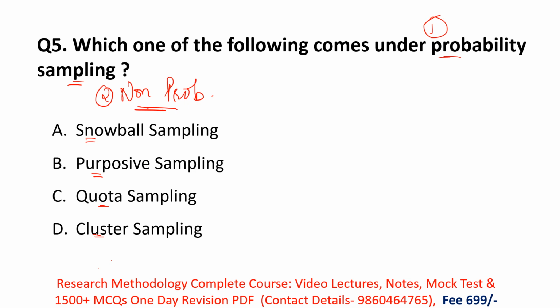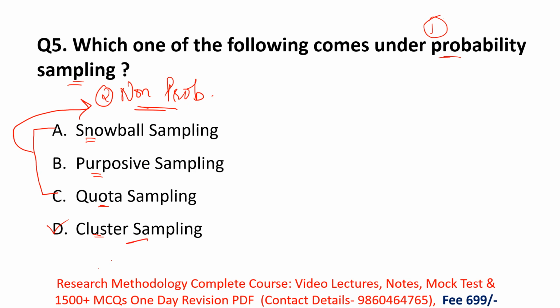So snowball, purposive and quota samplings belong to non-probability sampling; they are the types of non-probability sampling. In the question, they are asking which comes under probability sampling.